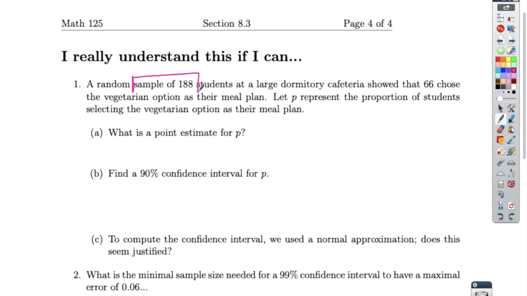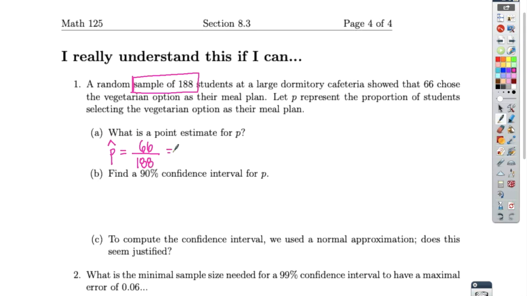This 188 students is not the population, and P is for population, so we can't just say directly from the problem what P is. What we can say is our sample estimate of P, which we call P hat. So P hat from this problem is 66 of the students over 188.